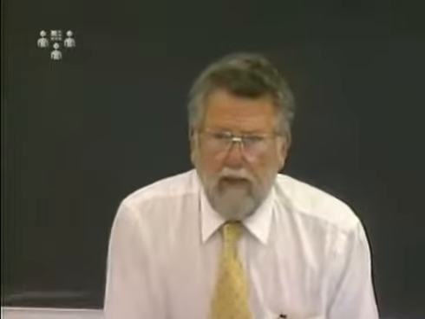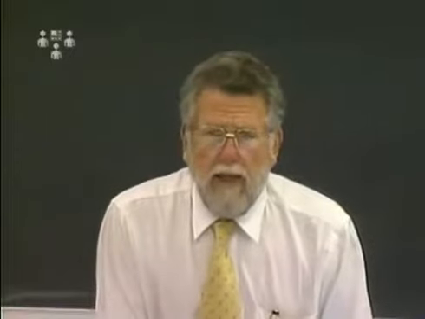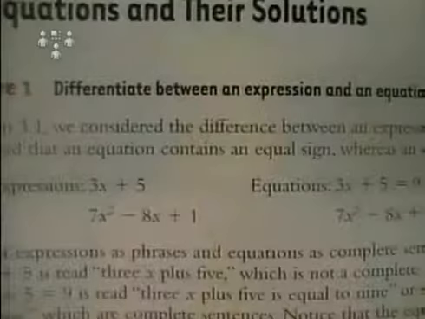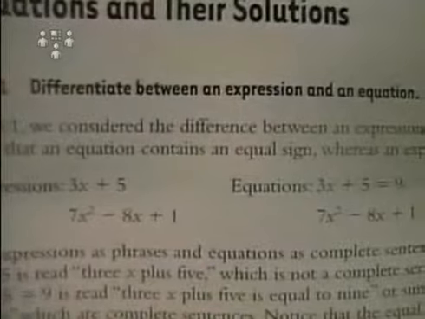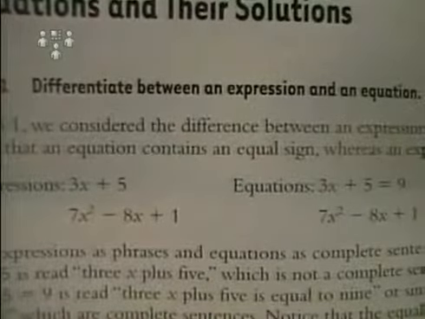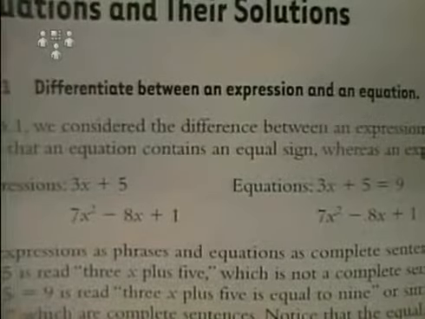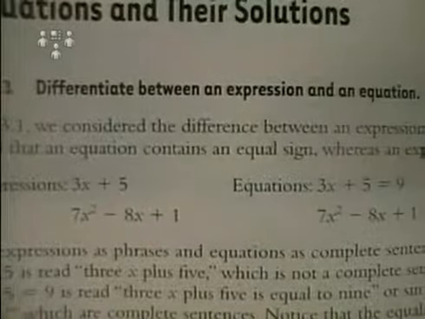The first objective is a rather interesting one, and I think it is rather critical as we go to the document cam now: to differentiate, that means find or determine the difference, be able to tell the difference between an expression and an equation.